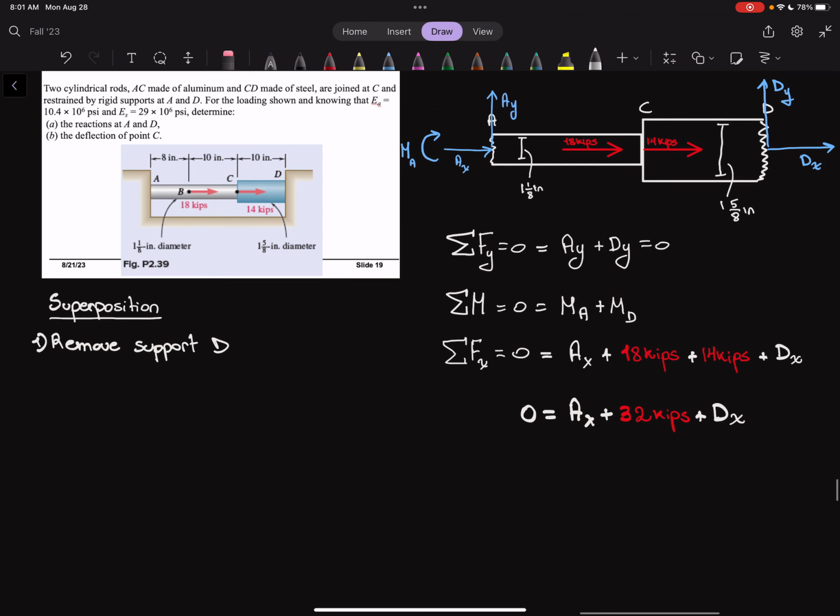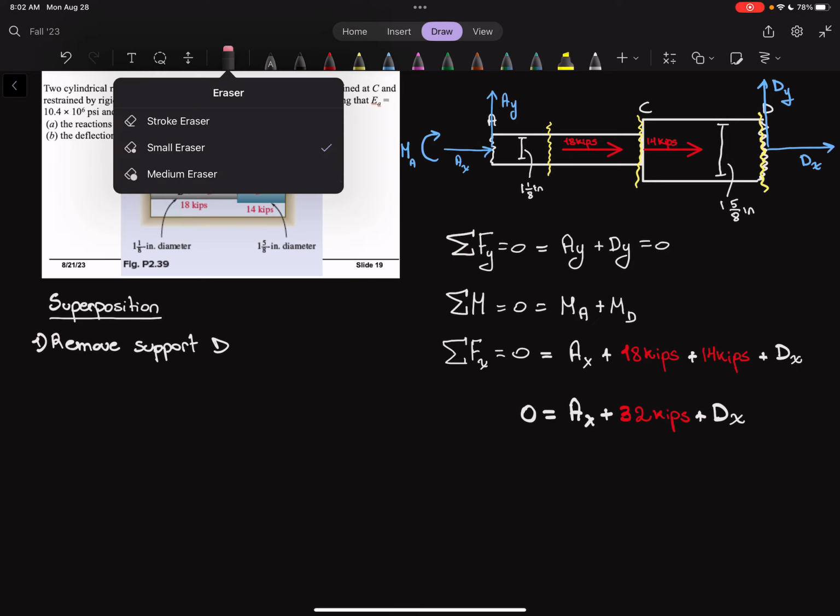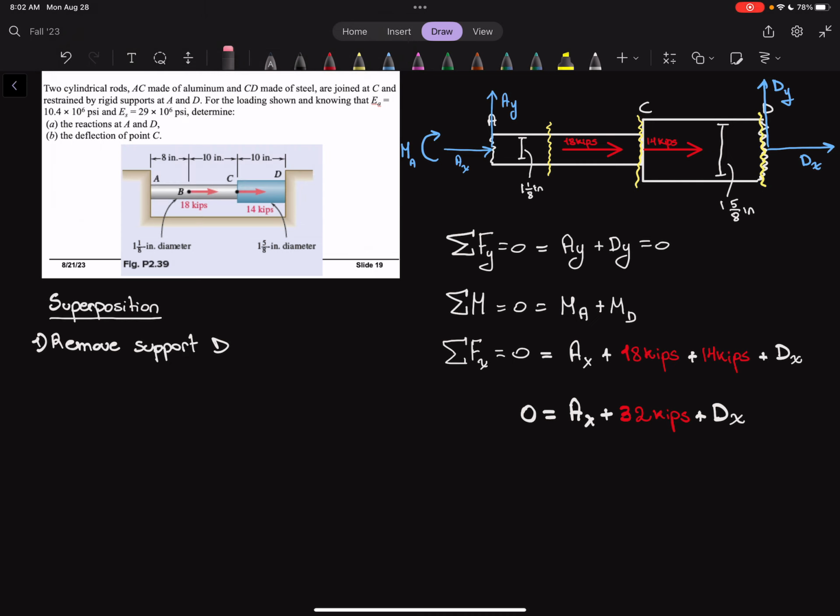And I'll actually also tell you something else just to speed up the process. So let's say we cut here, then we cut here, and then again we cut here once we remove that support. And actually, no, we'll do only those two cuts. So not that one. Stroke eraser, there it is.